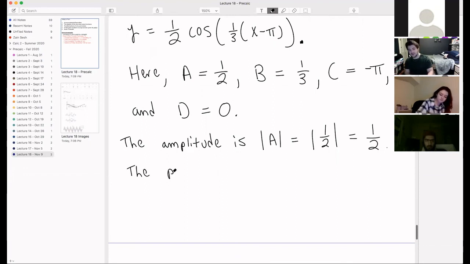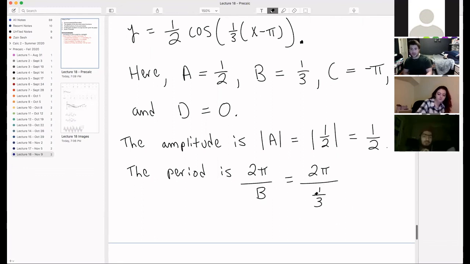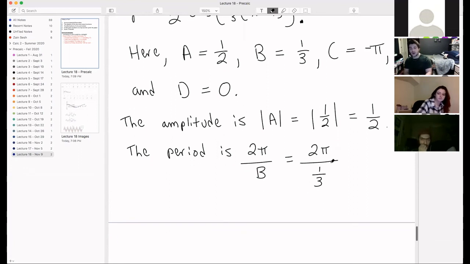Remember, the period is 2 pi over B. So it's going to be 2 pi over 1/3. You need to do this arithmetic: 2 pi divided by 1/3. Well, that's just like dividing fractions. That's going to be 6 pi. Okay, so that's the period.